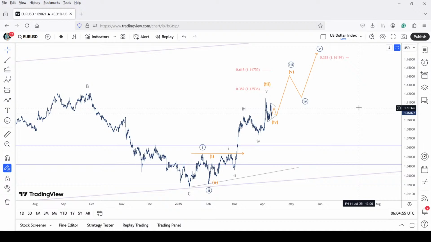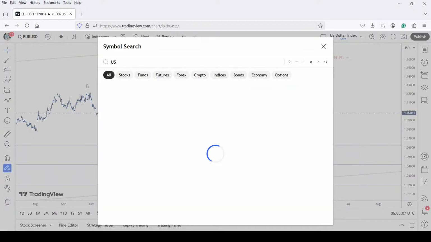All right. So we already discussed the daily charts and the hourly charts for Euro, so it's not required right now. Let's go straight to the dollar index 4-hour time frame.